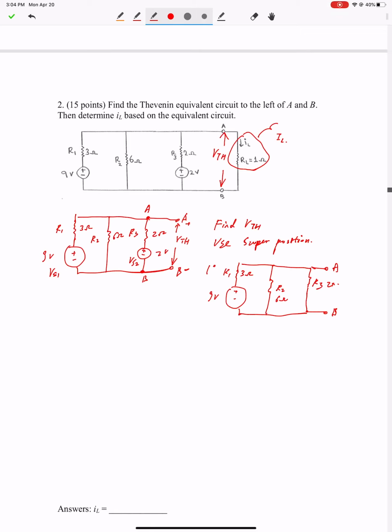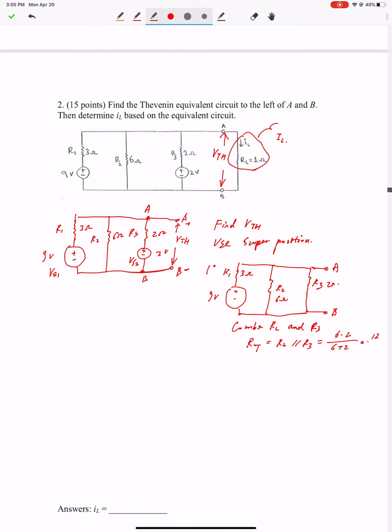And now we need to find the voltage between point A and point B. To do that, you can first combine R2 and R3 because they are connected in a parallel connection. So the overall resistance, you can call it R total. That is the combination of R2 and R3, which equals 6 times 2 over 6 plus 2.